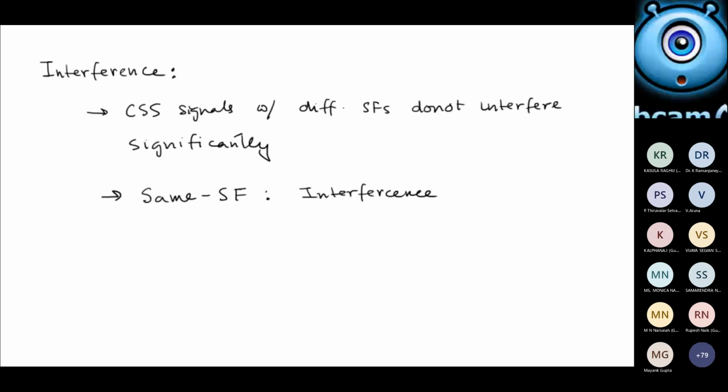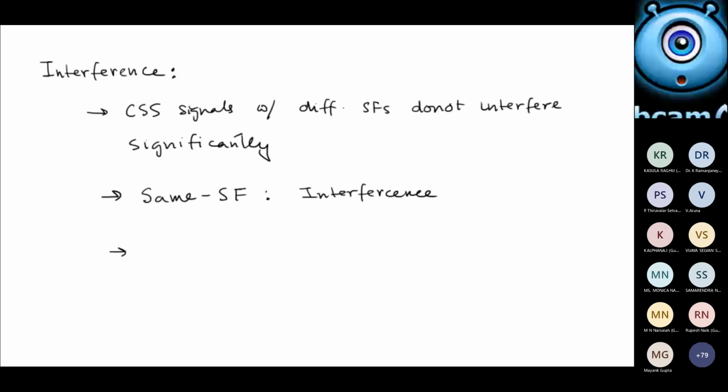So there are many different issues that come into the picture, and it is of course one of the research areas being pursued over the last few years, mainly driven by these LoRa applications. But the overall idea is that if two signals with the same spreading factor are interfering, then the interference is more as compared to the interference between different spreading factors.